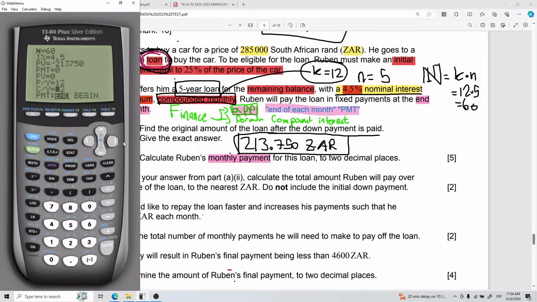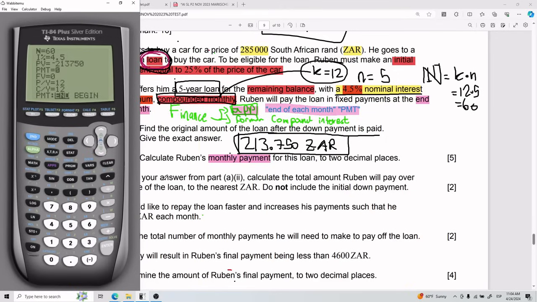PMT end or begin, I always see end. So just leave it as end. I've never had to use begin. And now you can solve for PMT. Now you might be thinking, how do you solve for PMT? Where do I press enter? And I say, here you have a solver. It's a little bit different.